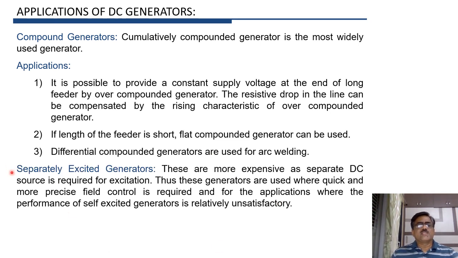Now finally, separately excited generators. Now these generators are expensive as compared to self-excited generators because DC separately excited generators need separate source of DC power for field excitation, and therefore separately excited generators are used only when the performance of self-excited generator is unsatisfactory for a particular application, or in an application where quick and more precise field control is required.